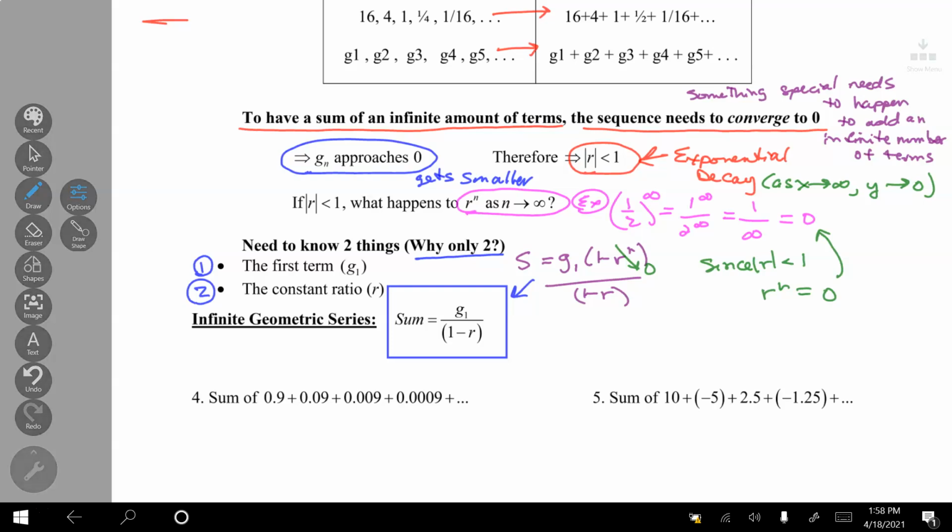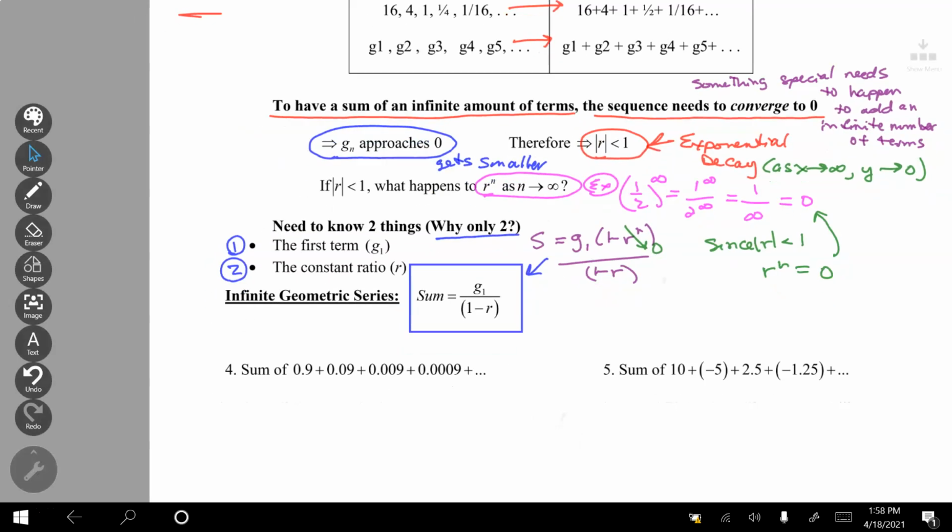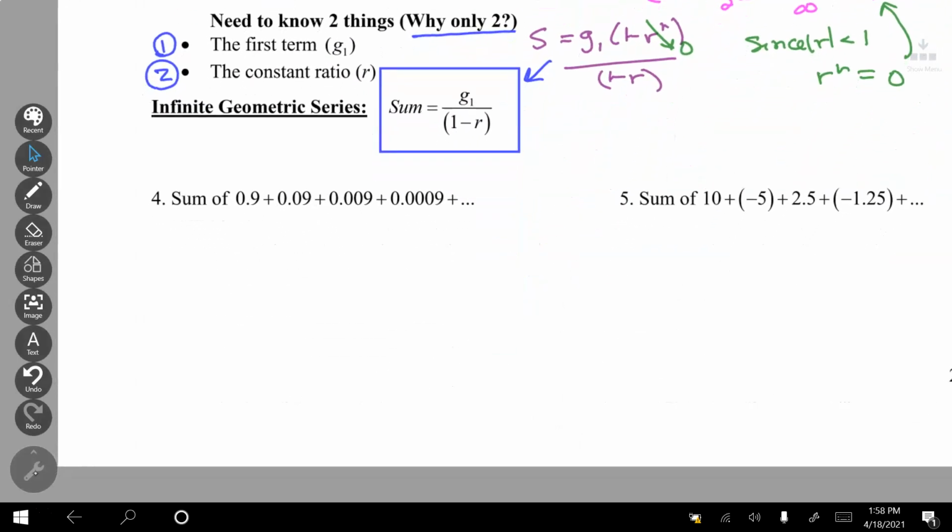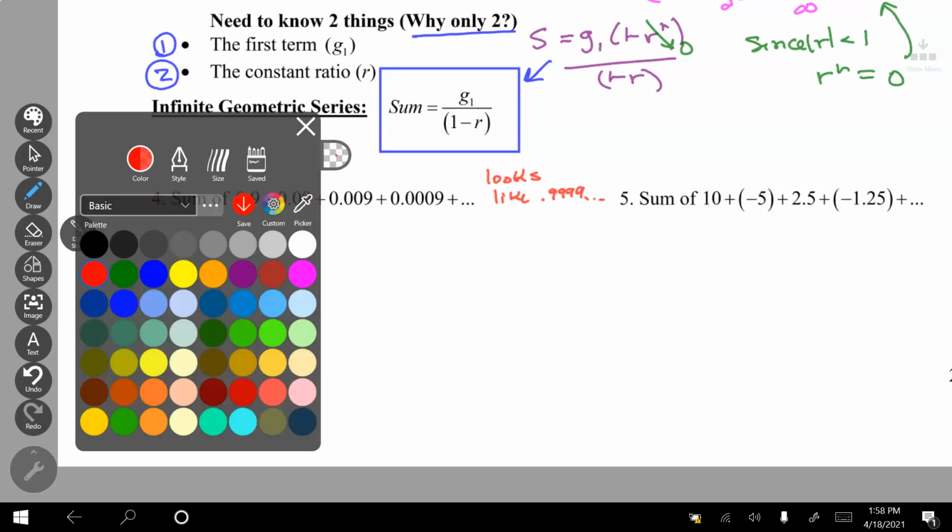Let's talk about an example. Let's look at this one. You know I'm going to do this one for special reasons. There's my formula right there. Well, let's see. We have 0.9 plus 0.09 plus 0.009 plus 0.0009. Looks like this adds up to 0.9999 going on forever. Let's see my pattern here.